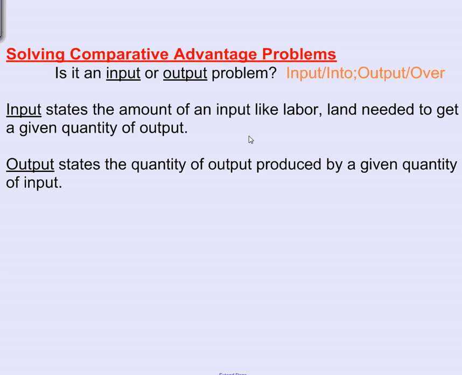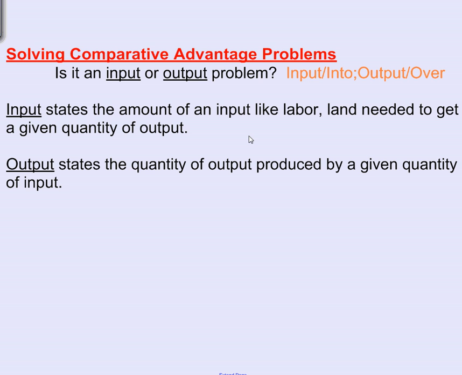When we did absolute advantage, it's determined when you're just better than another country or another person in absolute terms. So if it's an output problem, let's say we give you an hour of input, an hour of time, and in that hour you can make 10 wagons and I can only make 5. You would have absolute advantage because you can produce more wagons than I can in 1 hour of labor.